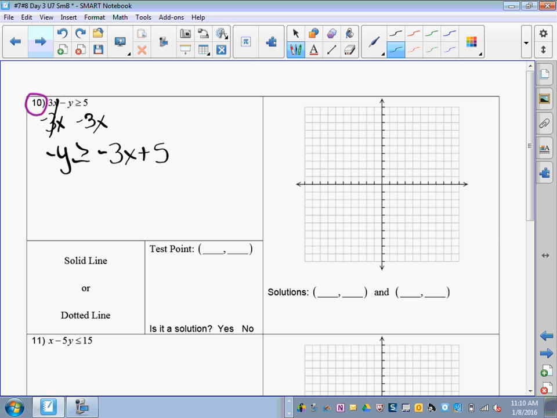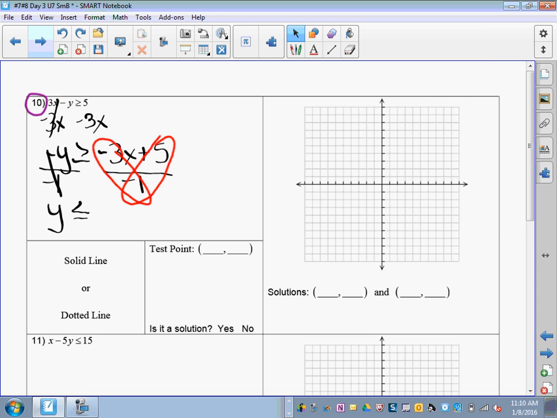How do I get rid of that negative 1? Divide by the negative 1. And what happens when I divide by a negative? Flip the sign. So now we have y is less than or equal to 3x minus 5. And then you will continue on from there.